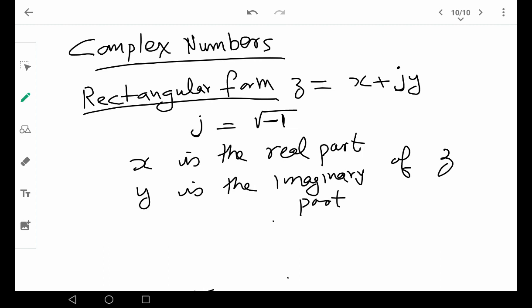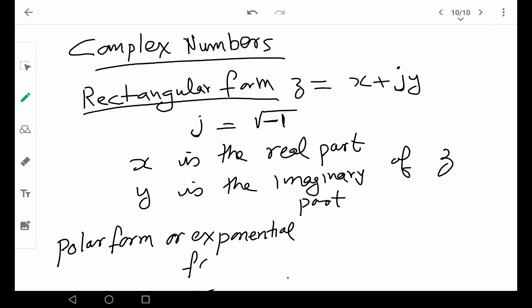Now you can have another form called the polar form or exponential form. The polar form or exponential form is given by, you write the complex number z equal to r angle phi, or else you can write it as r e raised to j phi.